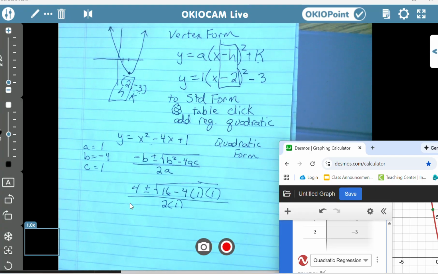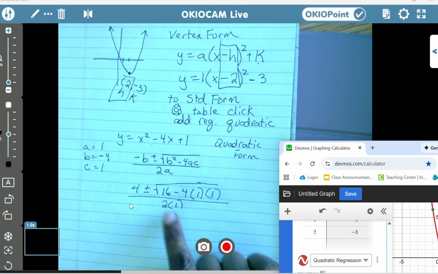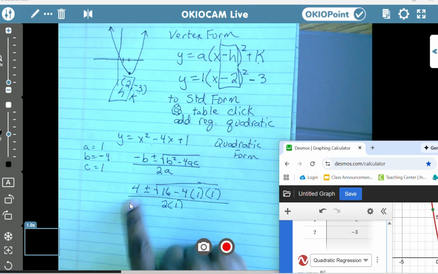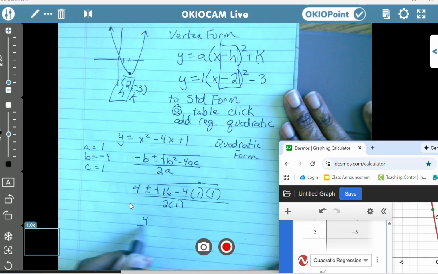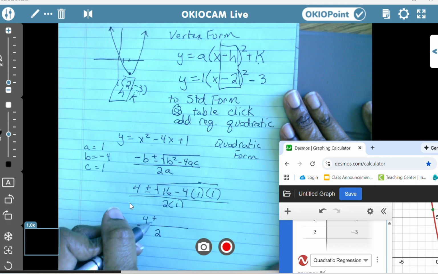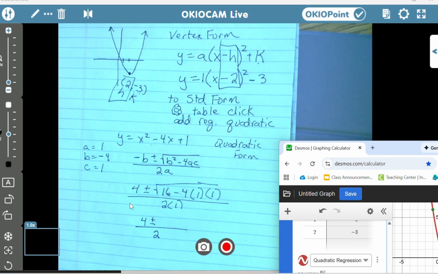You do not need to calculate 2 times a. You should know that 2 times 1 is 2. We also already have the 4. So we're going to bring down the 4, and we're going to bring down the 2, along with the plus and minus signs.